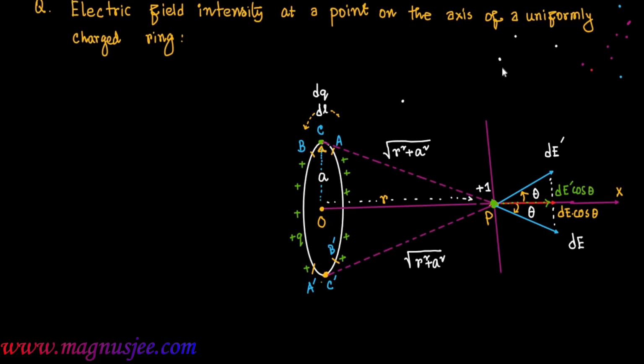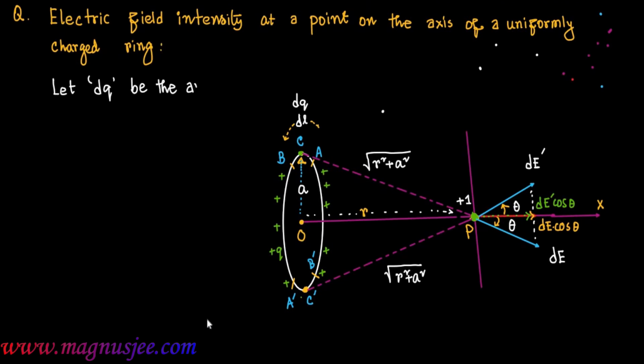Similarly, the rectangular component of dE prime along PX is dE prime cos theta.